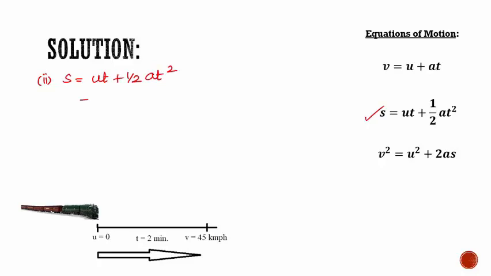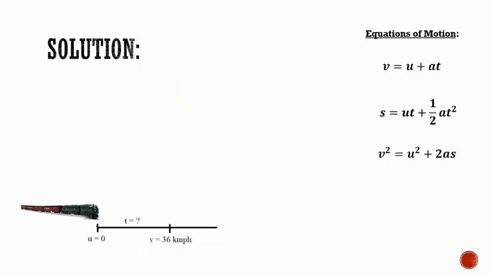The initial velocity of the train is 0, time is 120 seconds, plus half into the uniform acceleration of the train, 0.1042 meter per second square, into time 120 seconds squared. So the distance travelled by the train in these 2 minutes is 750.24 meter.